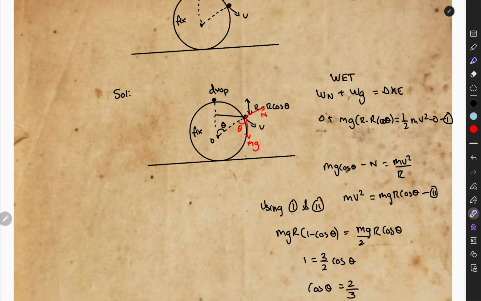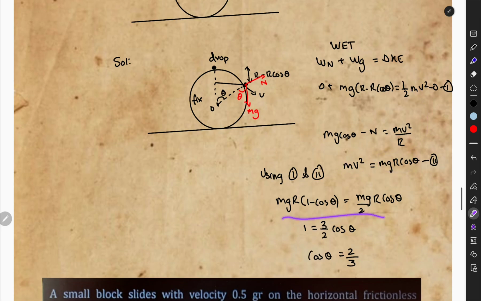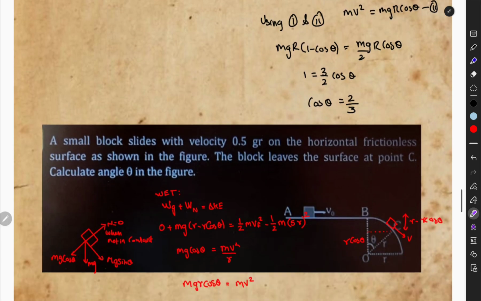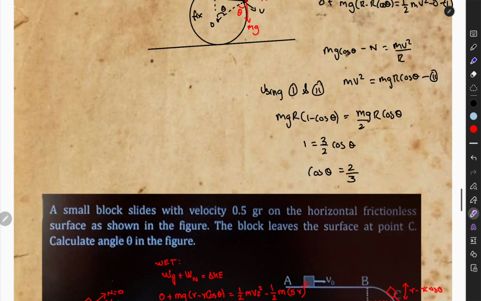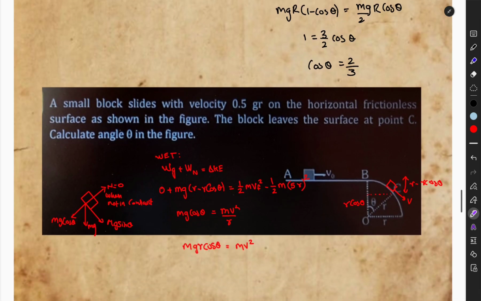And n will be equal to 0 when it loses the contact, so mv square will be equal to, taking r on this side, mg r cos theta. Now you can see mv square in equation 1 also, so I'm going to substitute this value in equation 1 and I'll get something like this, and I can find the cos theta value, which is 2 by 3. If you want the theta value, it's cos inverse 2 by 3.